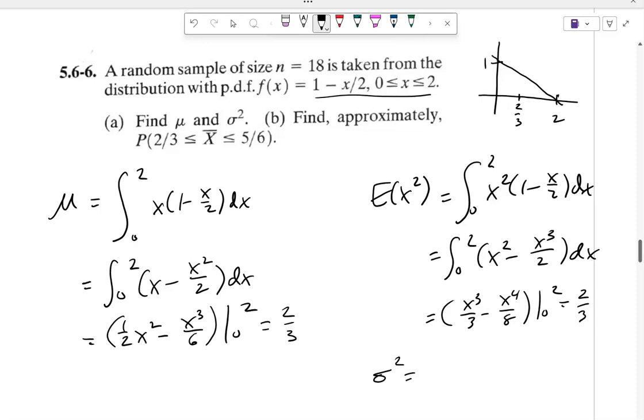But now for variance, we'll need to subtract off the mean squared. We'll get 2 thirds minus 4 ninths, so we should get 2 ninths when we're done.